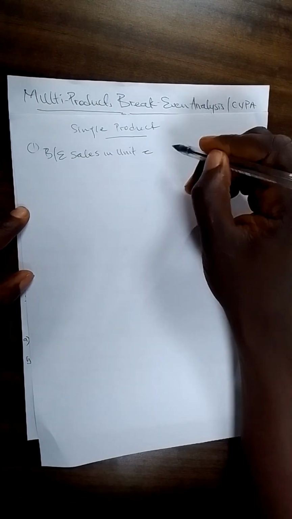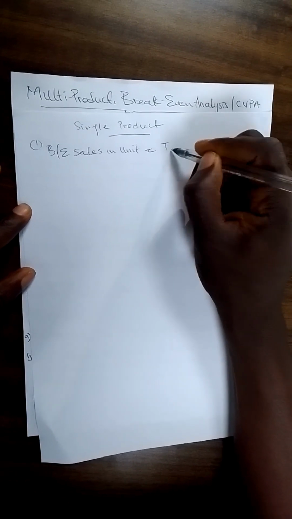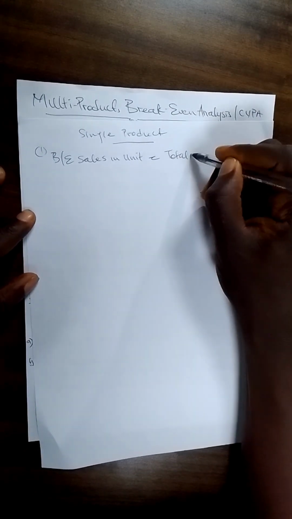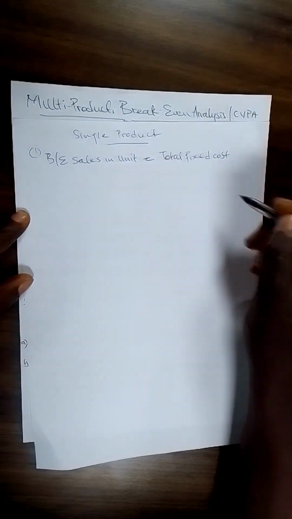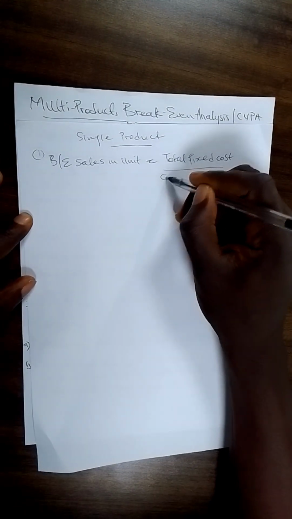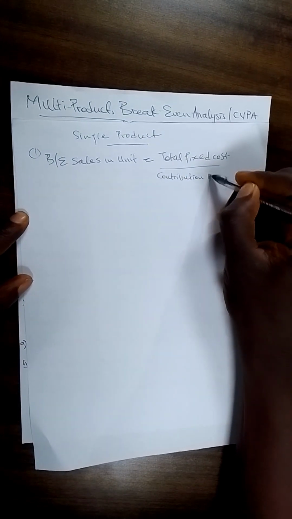We have this formula, which is given as total fixed costs all over contribution margin.